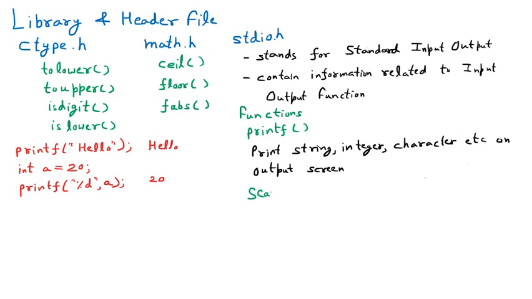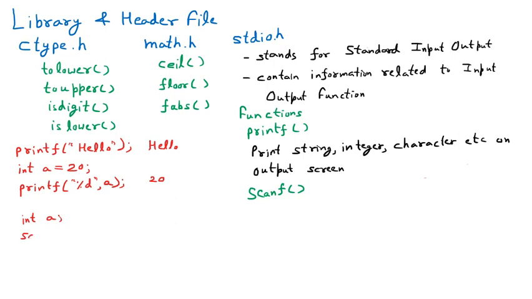Scanf. Again, this function we are using from very first day for taking the input, but still I am taking one example to make you understand. Let us suppose that we are having an integer int a, and we want to take the value of that integer from the user.